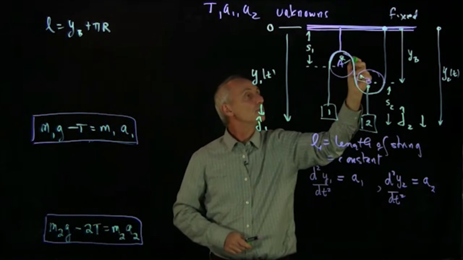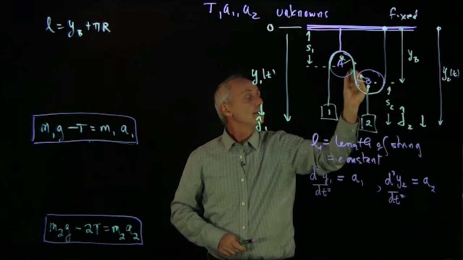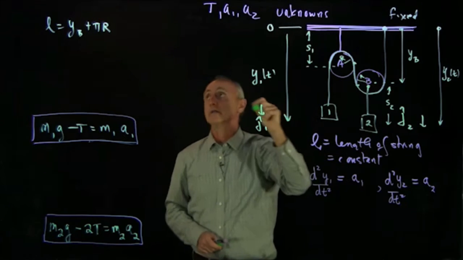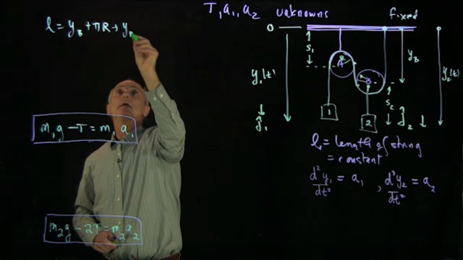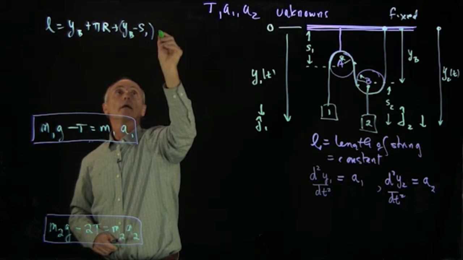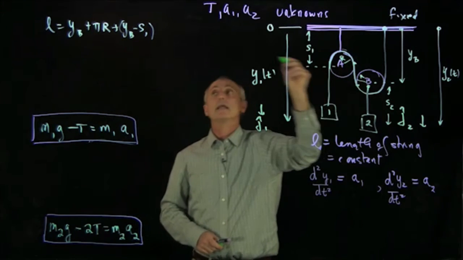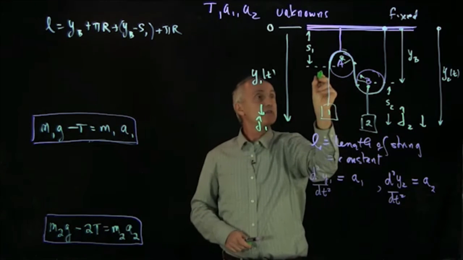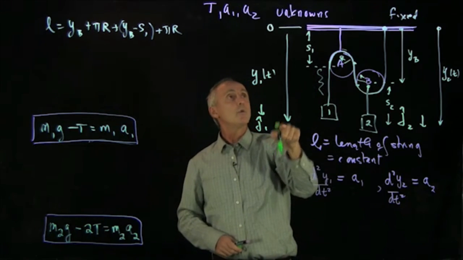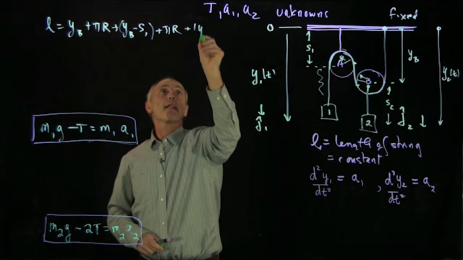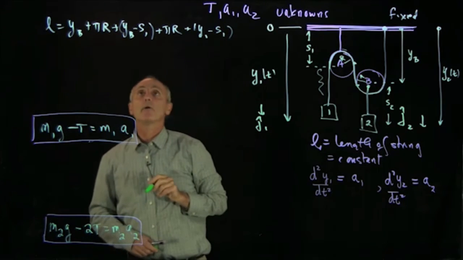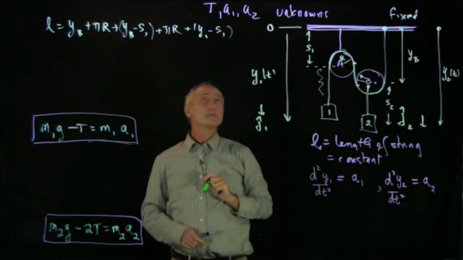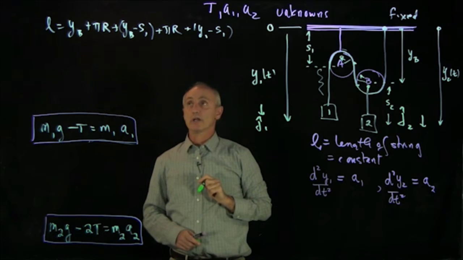And it goes up to this length here, which is yb minus s1. We wrap around the pulley again, that's pi r. And now we have this length here, which is y1 minus s1. Let's just make sure we have all of our quantities here.